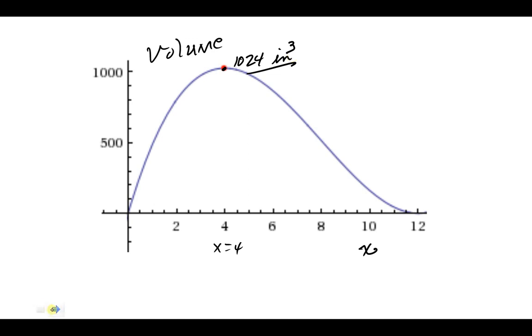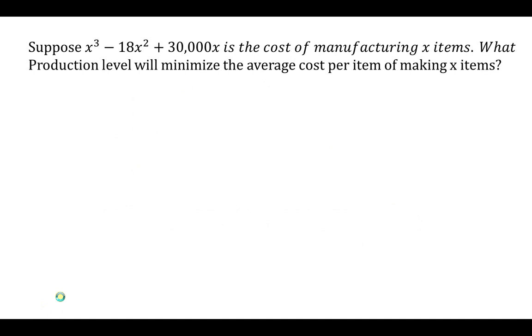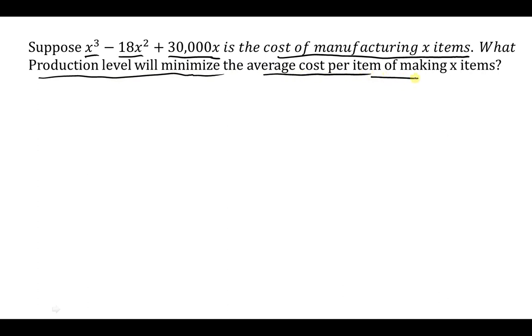Now, we have a manufacturing problem here that says that x cubed minus 18x squared plus 30,000x is the cost of manufacturing x items. What production level will minimize the average cost per item of making x items?